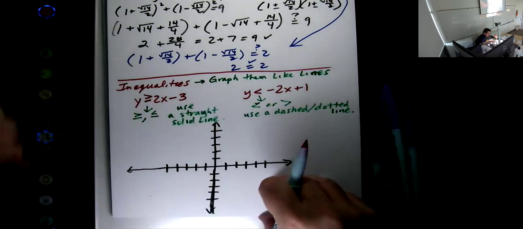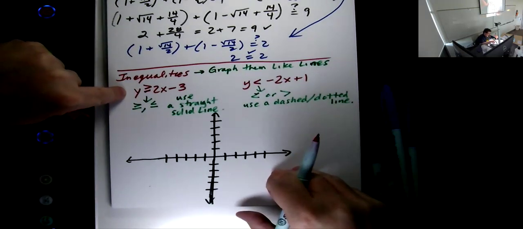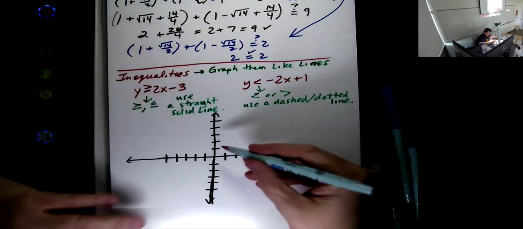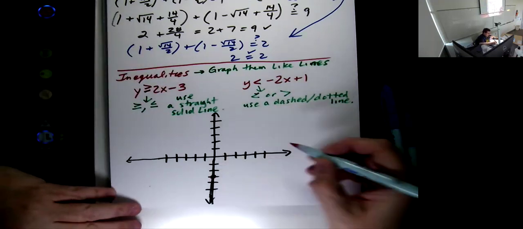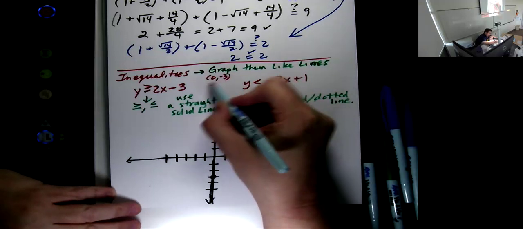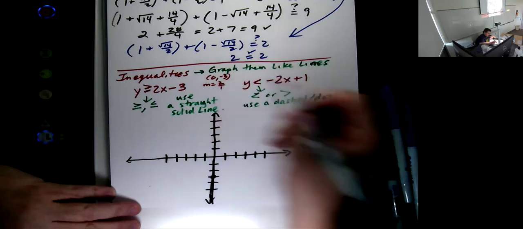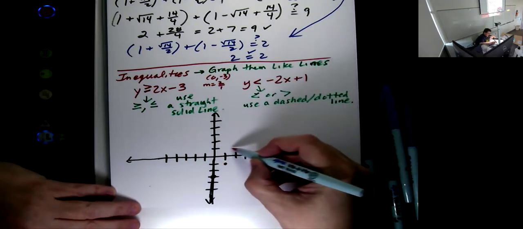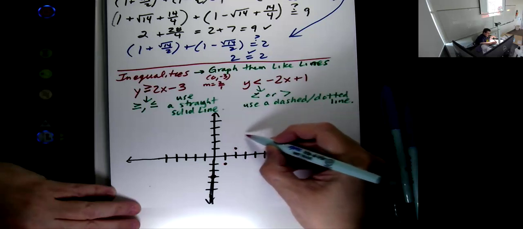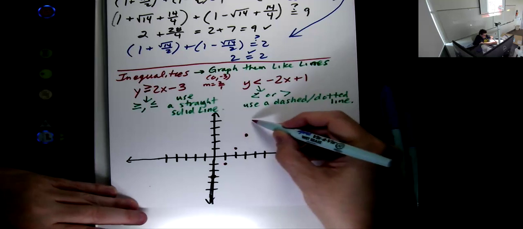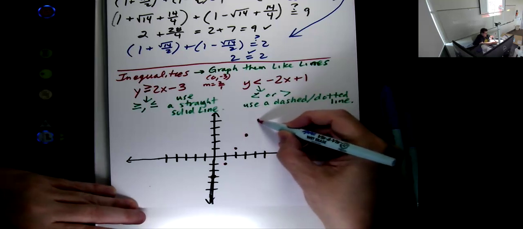So I'm going to do this one first. Graph it like it's a regular line, so y equals 2x minus 3. We have a y-intercept of 0, -3. And I have a slope of 2, or 2/1. So I'll go up 2/1, up 2/1, up 2/1, up 2/1.